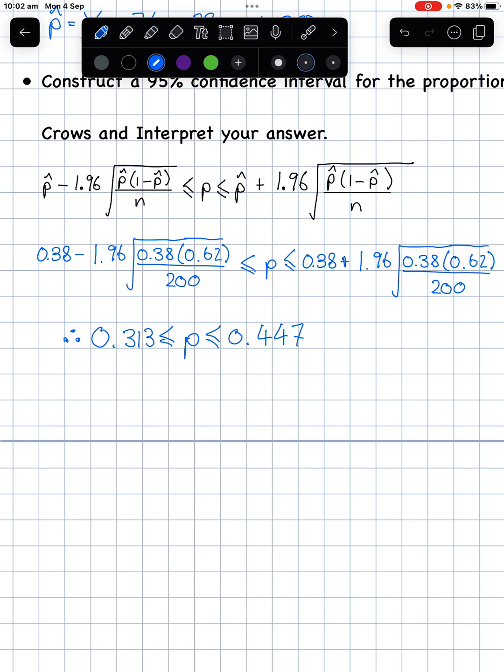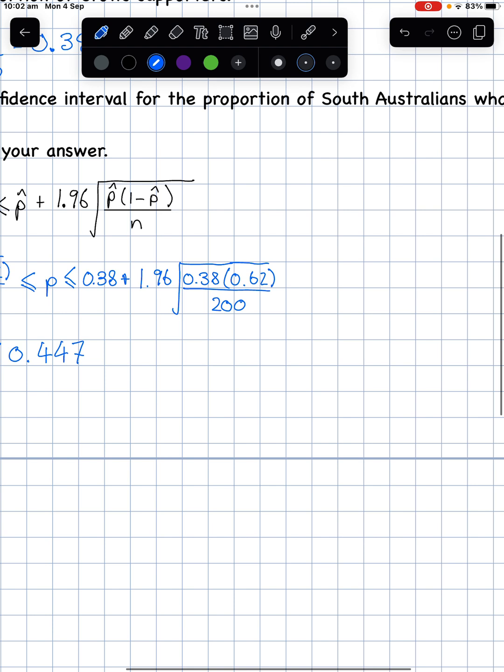I'm just going to quickly go through the steps to check this now. If you were using your graphics calculator, we can go to stat mode, and then we can go INTR, and then there we press Z, which is F1.